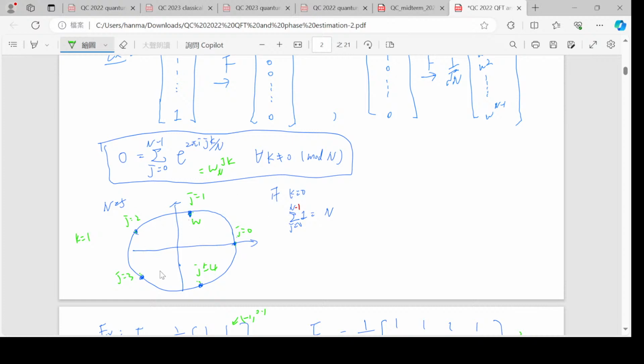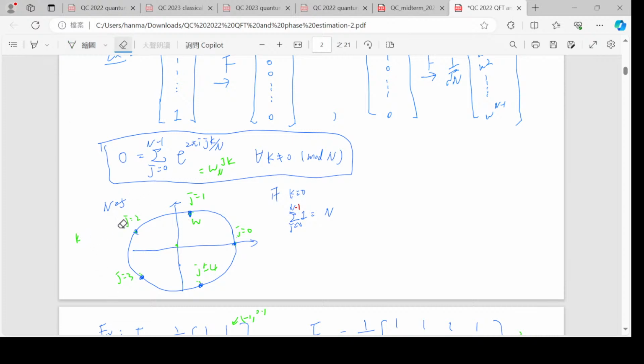And you can convince yourself that because these points are evenly spaced out through this circle, when you sum over them as complex numbers, it's like summing two-dimensional vectors, and intuitively they should sum to the 0 vector, which is just 0 here. So that's k equal to 1, and what about k equal to 2?